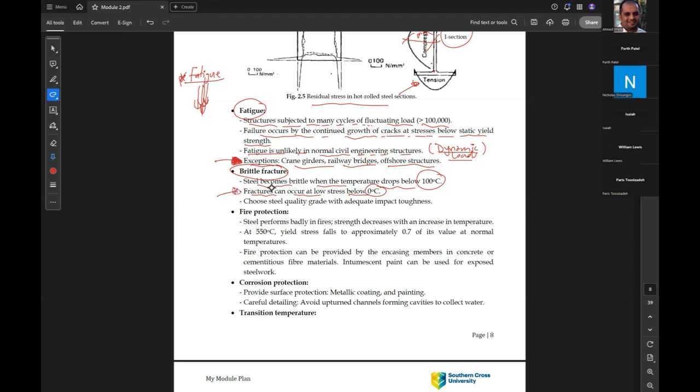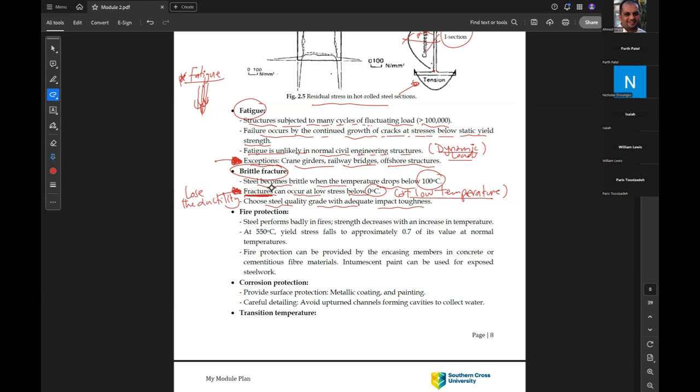So when the steel is at low temperature, this might cause freezing of the steel, or at freezing degrees, this causes the steel to be more brittle and subject to fracture. This means the steel loses ductility. Choosing the steel quality grade with adequate impact toughness: so we need to choose better steel with advanced properties in these weathers.